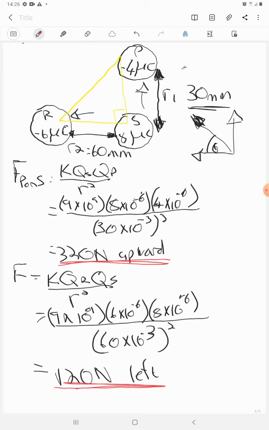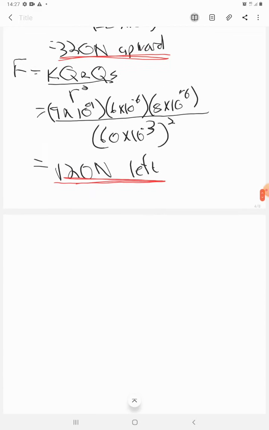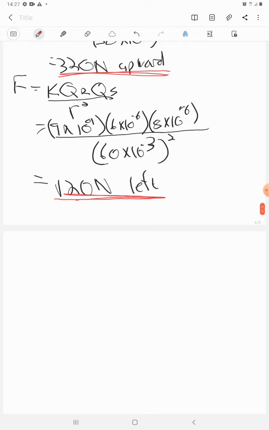I will now use Pythagoras to calculate my net, my overall electrostatic force. You should all already remember Pythagoras from grade 8 and 9.